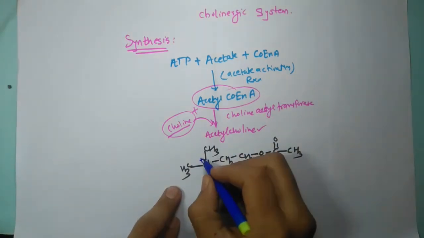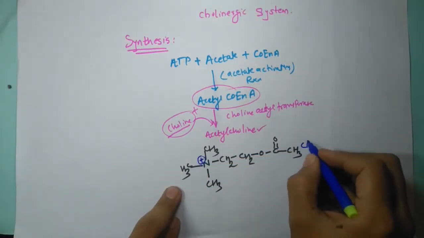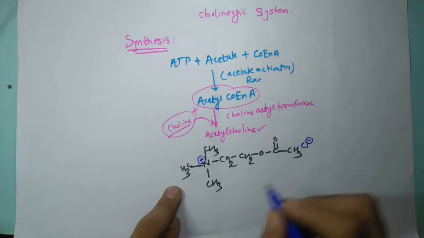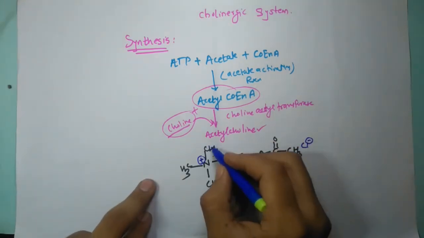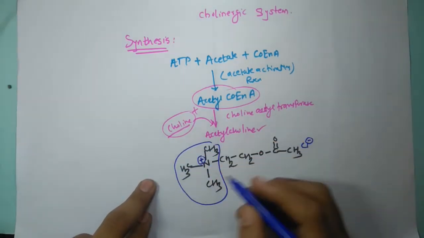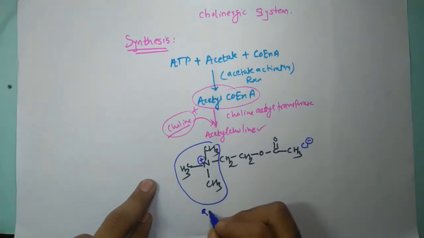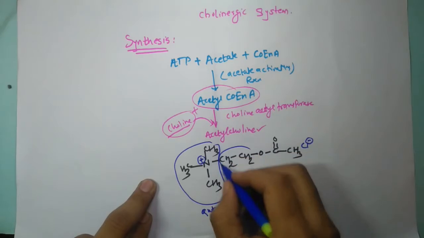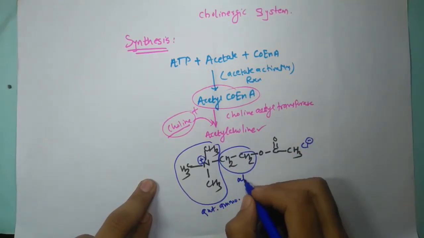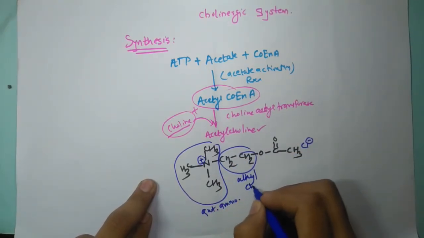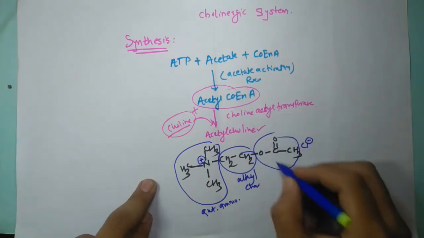This is the cationic part, and this is the salt of acetylcholine, Cl minus. This is the quaternary ammonium. This is the alkyl chain, and this is the acetyl group.